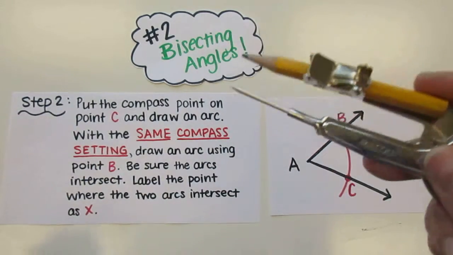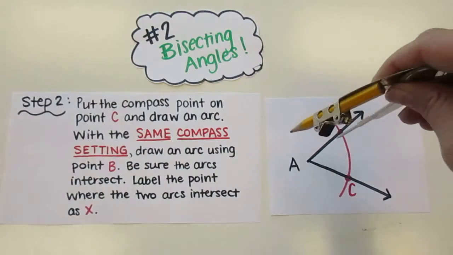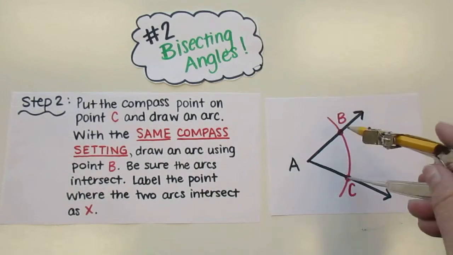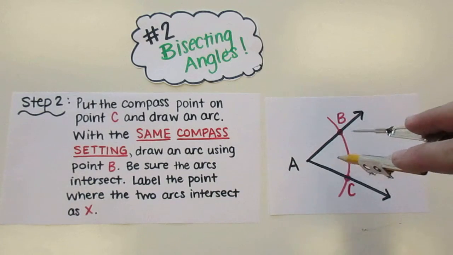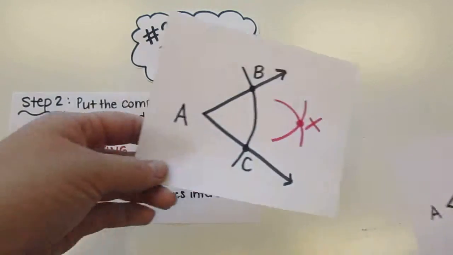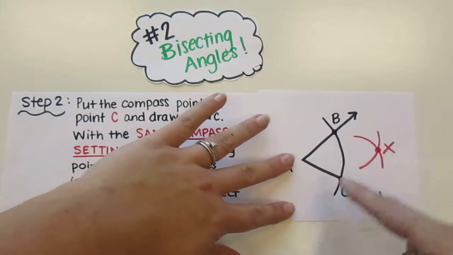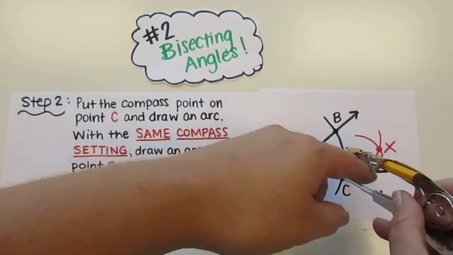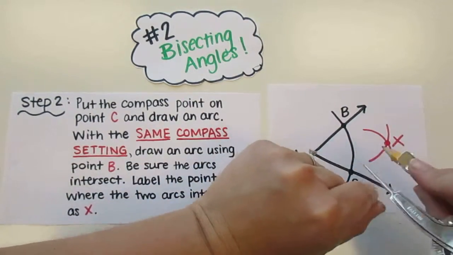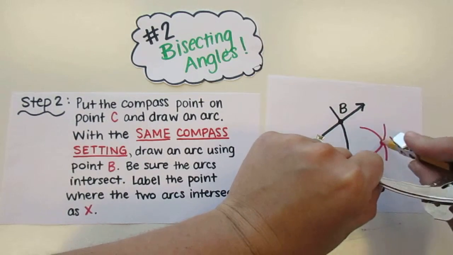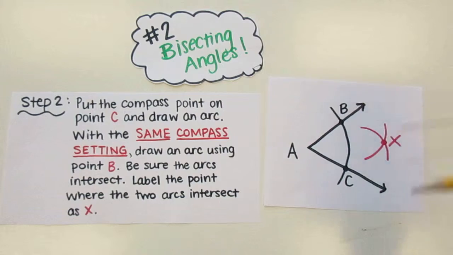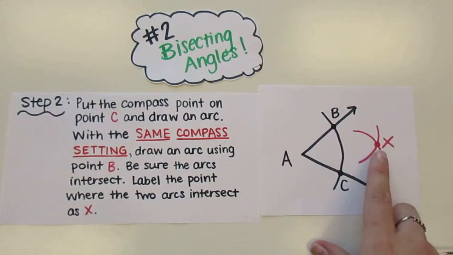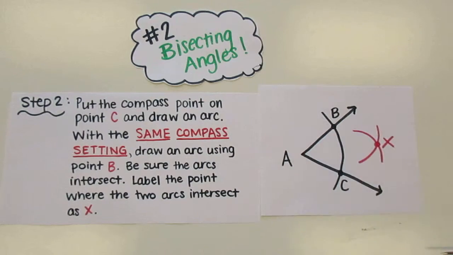But with the same setting, I'm going to do the same thing for point B. So when I draw my arc for C, I need to put my compass point on point B and draw the arc at the same distance. So if you look here, I put my compass here and I drew this arc. And then I put my compass on B and I have the same distance. It's the same setting. So now that point is then labeled X, where those two arcs intersect.